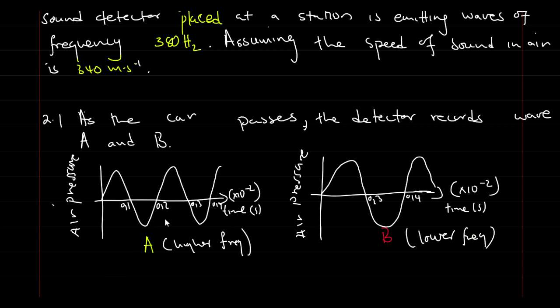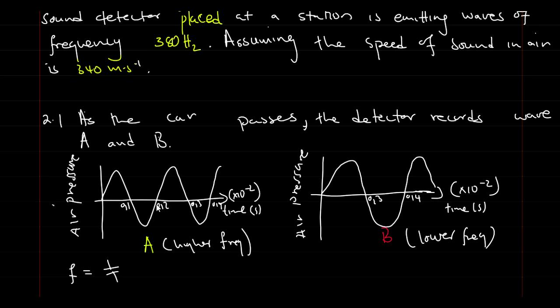But why? Because we have time, how is frequency related to time? It is related through the equation for frequency and period. The longer the period, the lower the frequency. So let's check our period.